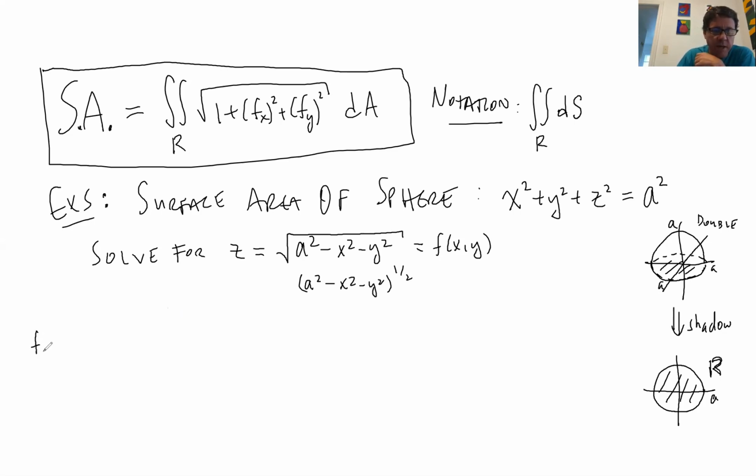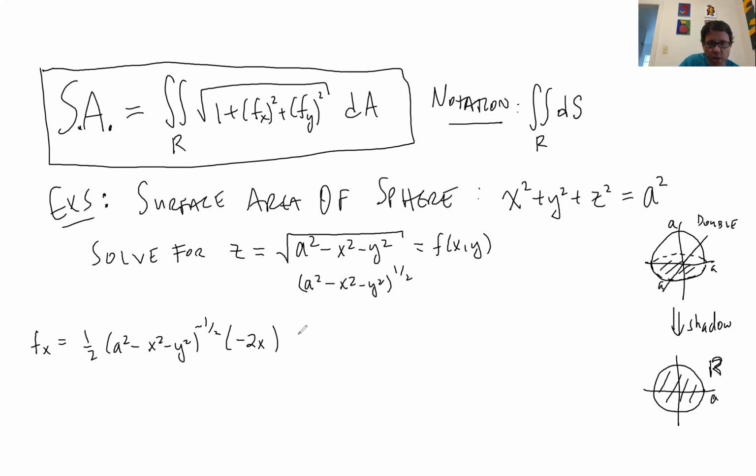F sub x will be, take the derivative of that. So it's 1/2 times a squared minus x squared minus y squared to the negative half. And then I multiply by the derivative of the inside, and you get minus 2x. The a squared and the y squared don't have x's in them, so that partial derivative will be 0.